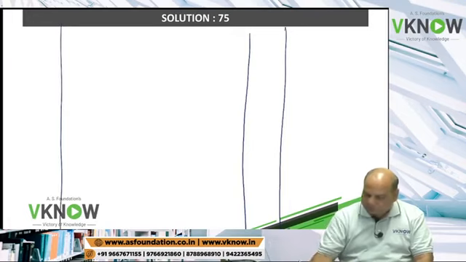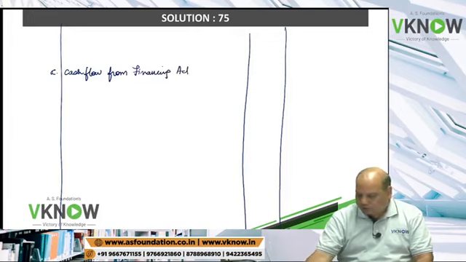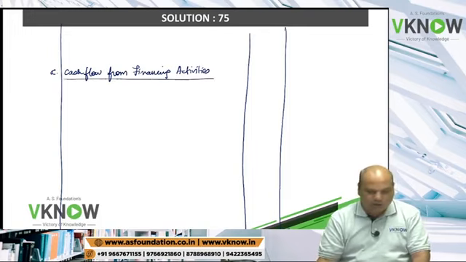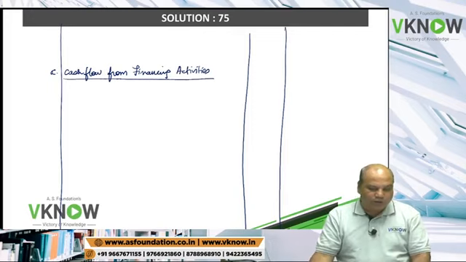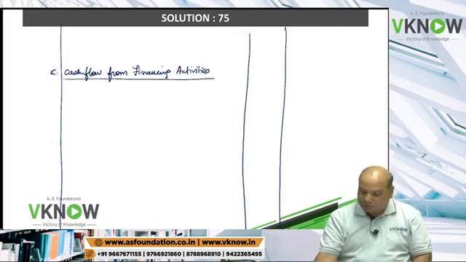Point C, cash flow from financing activities. Write in full. In the exam, if you write FAIA, the Institute will deduct marks. I have informed you in advance. Later on, you will be responsible.